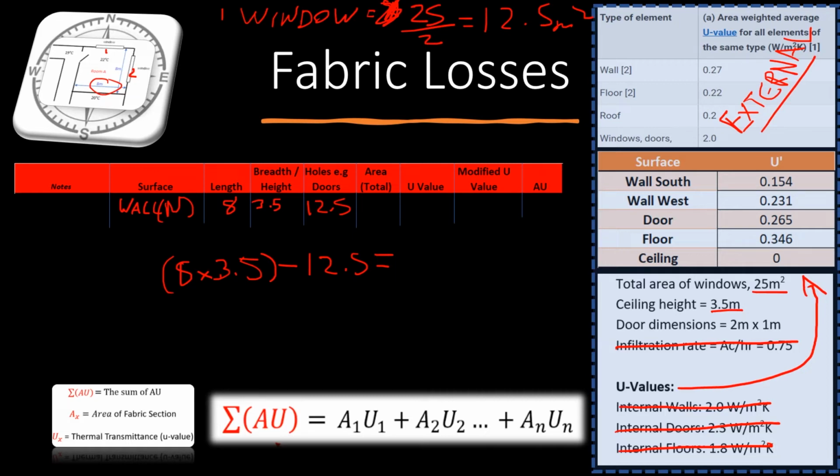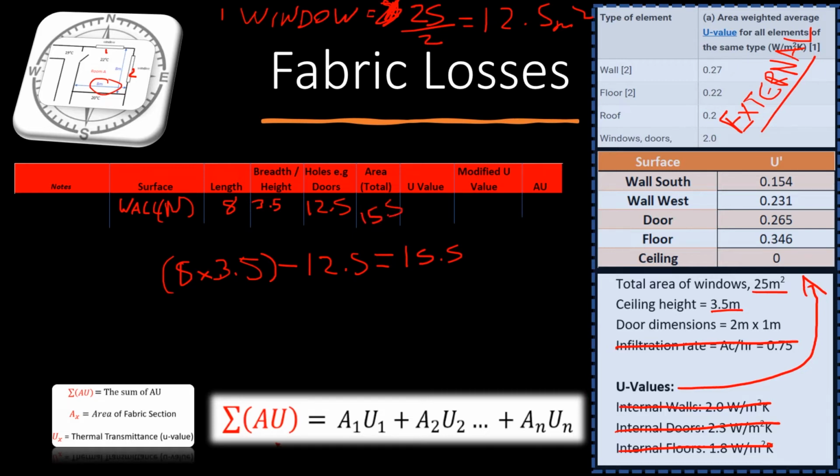So I'd always stick your brackets in just to be safe. Anyway, 8 times 3.5 gives me 28, minus 12.5 gives me 15.5 according to my calculator. So stick that in there, 15.5.